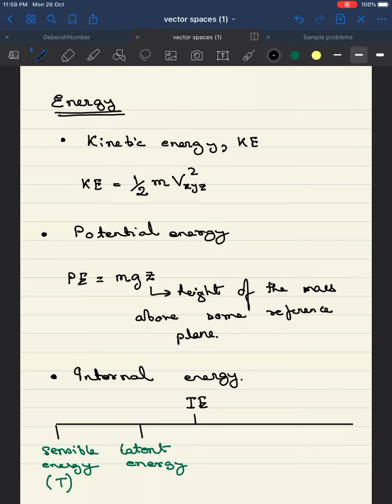Then you can also have chemical energy. This is the energy that is associated with the attraction of atoms, so the bond energy that is there, right?